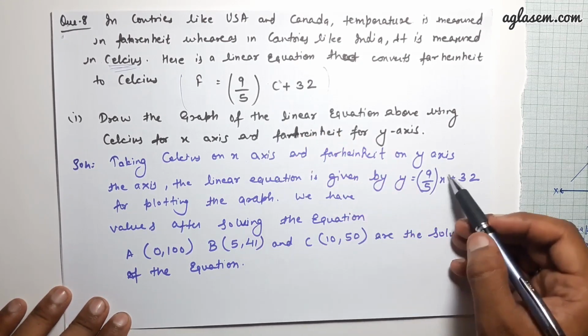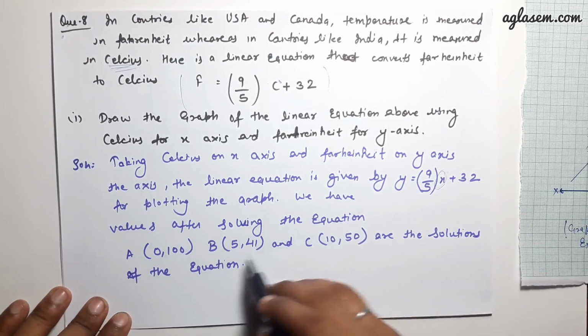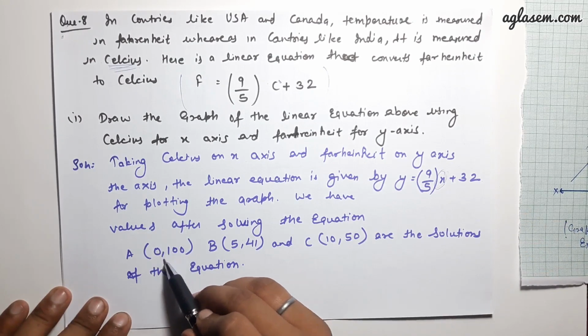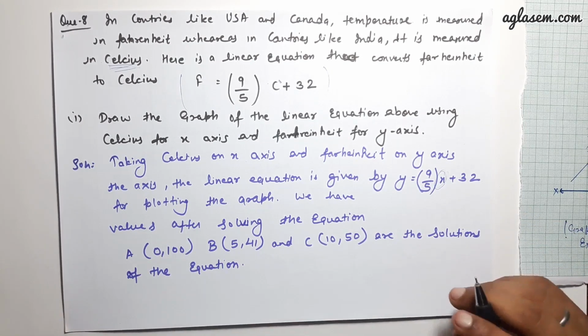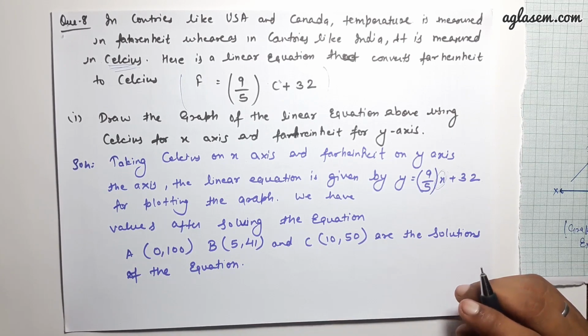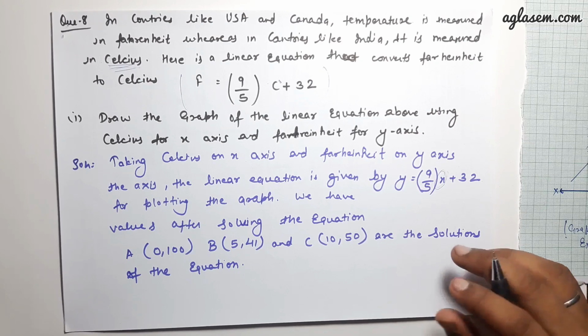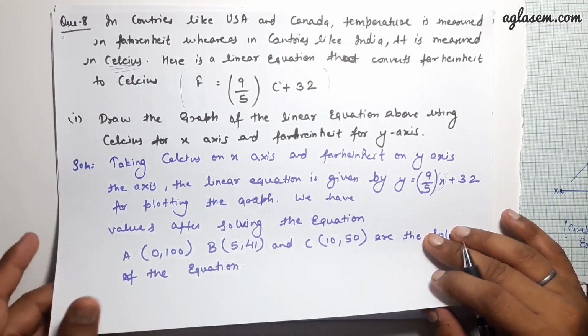C is Celsius, which we don't know, so we have put in x. For plotting the graph, after solving the equation, A is (0, 32), B is (5, 41) and C is (10, 50) are the solutions for the equation. That is for the first part.